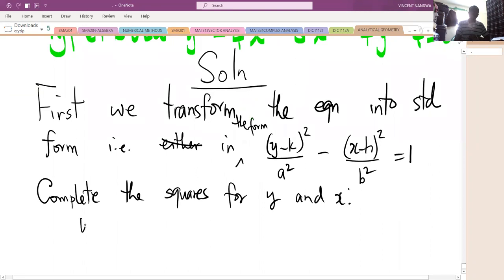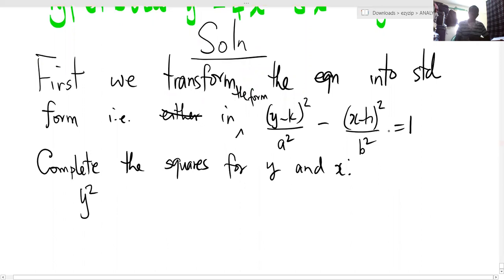So we have y squared minus 4x squared minus 8x and then minus 4y and then minus 4 equals 0.